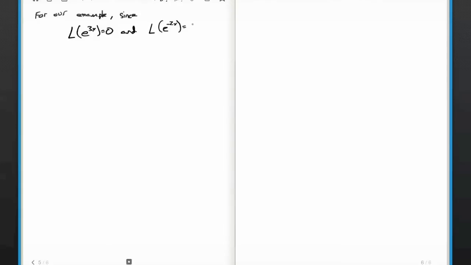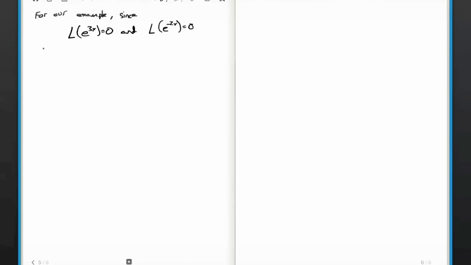Okay, what else do we have? For our example, since I'm going to write it down here, L of e to the 3x equals 0, and L of e to the negative 2x equals 0.